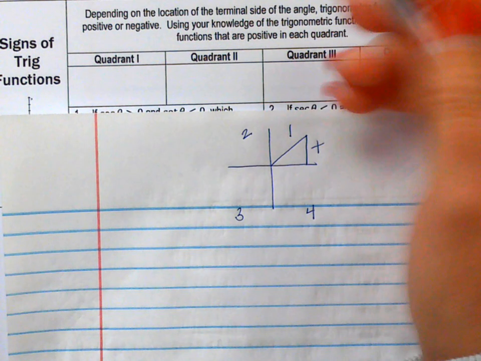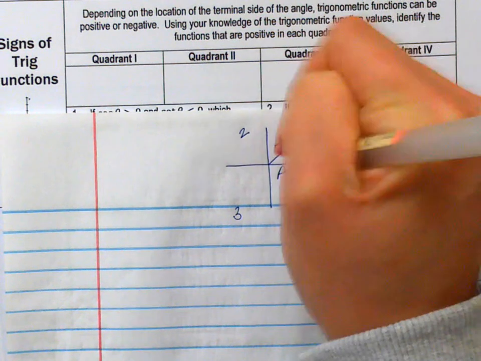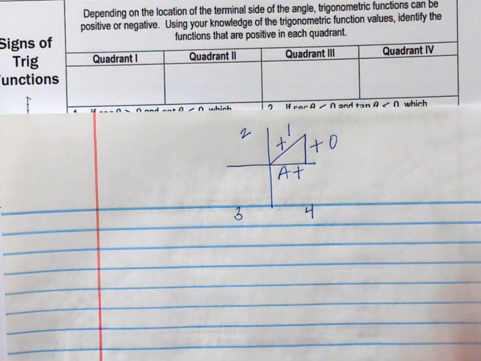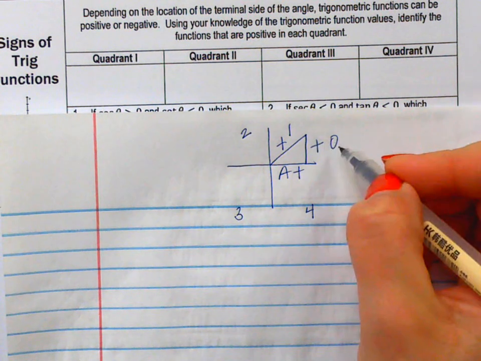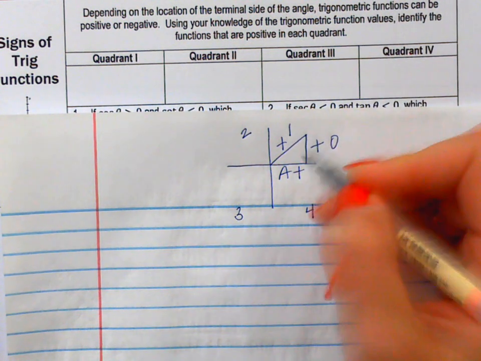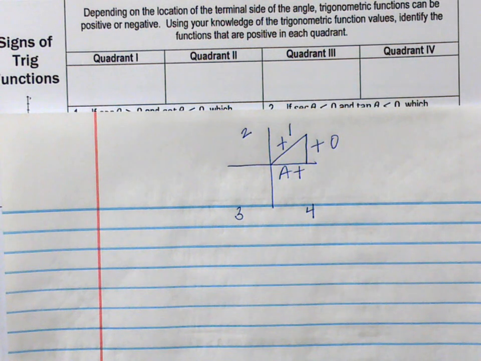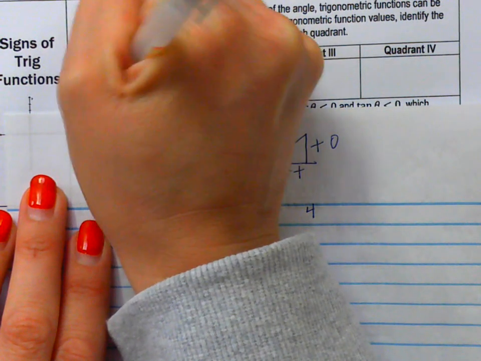So the opposite would be positive, the adjacent would be positive, and the hypotenuse we know is always positive. So in quadrant 1, everything is positive because opposite over hypotenuse would be positive over positive, positive. There's no way that we'd get a negative. So in quadrant 1, every single trig function is positive. So we just put all are positive.